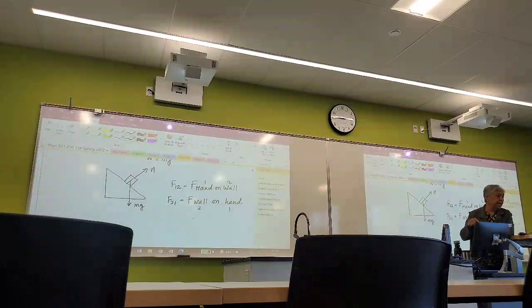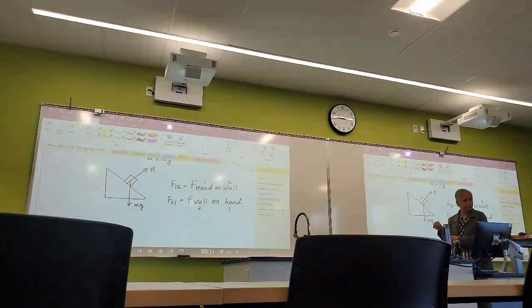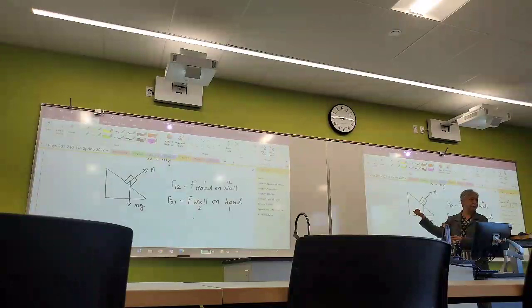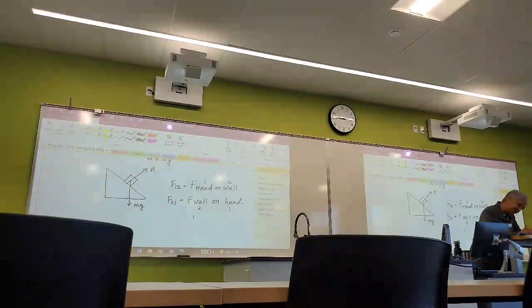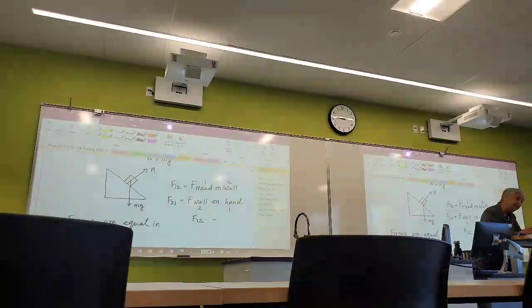Which direction is F12 acting? This way? Correct? And which way is F21 acting? Opposite? So you are saying that these two forces are equal in magnitude, opposite in direction, right? Can we say that?